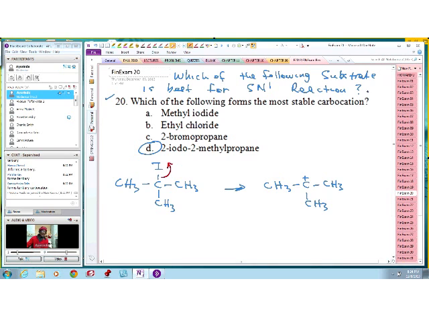In other words, which of these substrates would be best for SN1 reaction. Of course, the answer would be D, because in an SN1 reaction, the first thing that you get is the loss of the leaving group to form the carbocation. So if you have a substrate that will give you a very stable carbocation, then that would be very good for SN1 reaction. Okay, let us go to the next one.